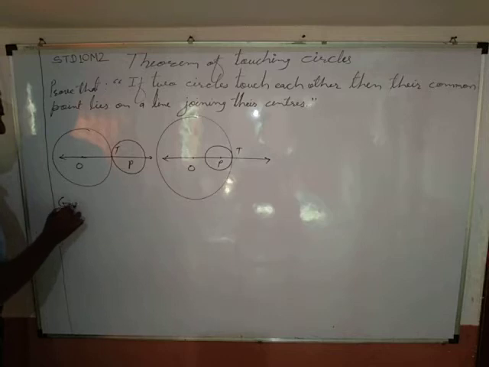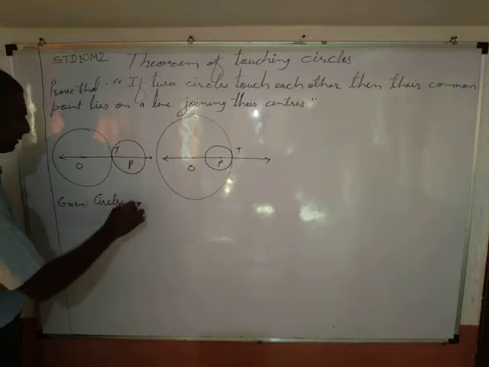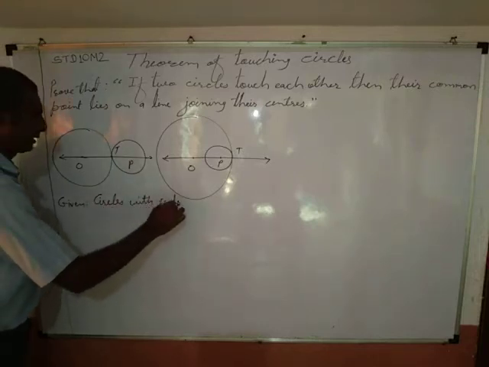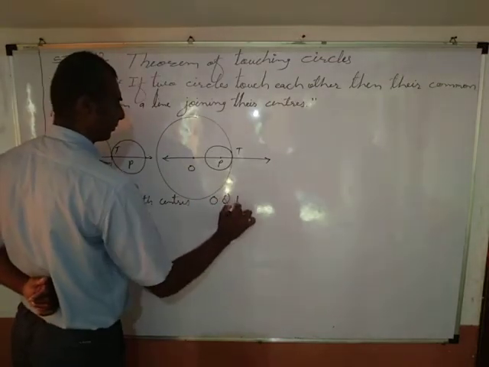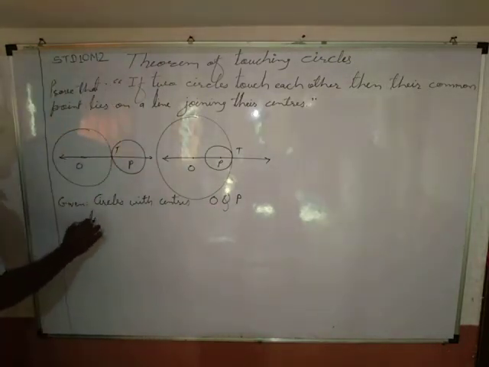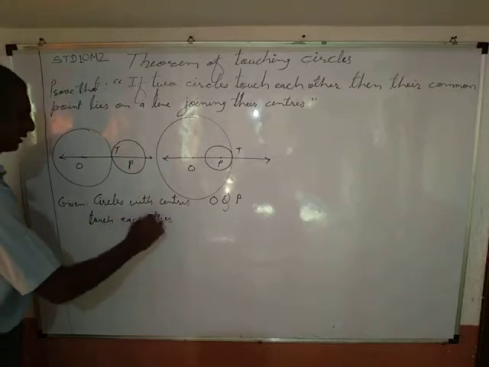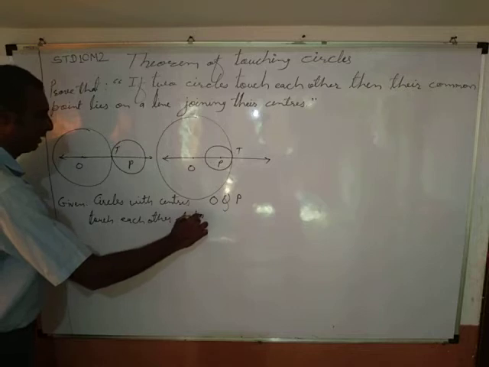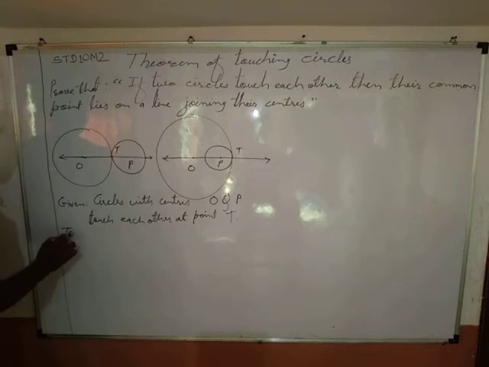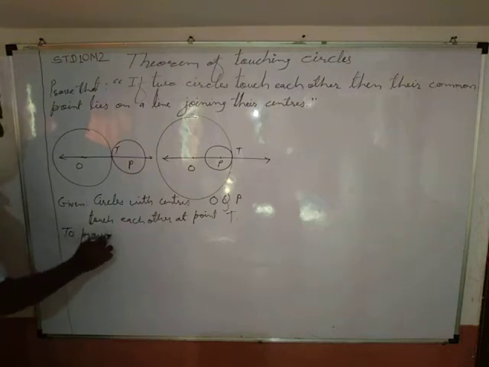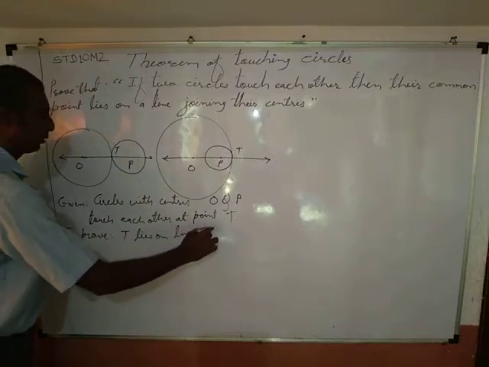Given: circles with centers O and P touch each other at point T, and to prove: T lies on line OP.